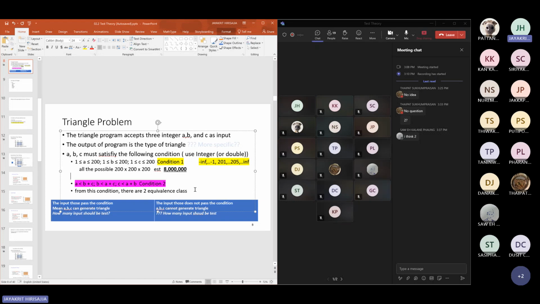But further than that is your question: what should be the number of equivalent classes corresponding to this condition? Actually, the answer is two equivalent classes: the class that passes this condition and the class that does not pass this condition. And how you arrange and find out the design of the input.